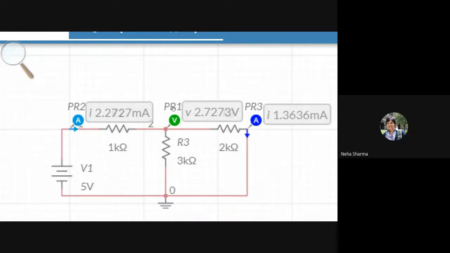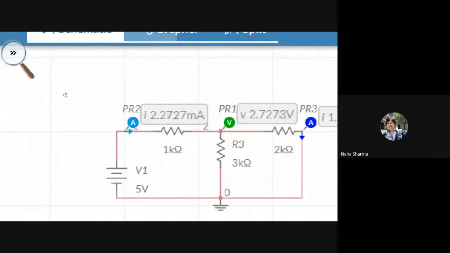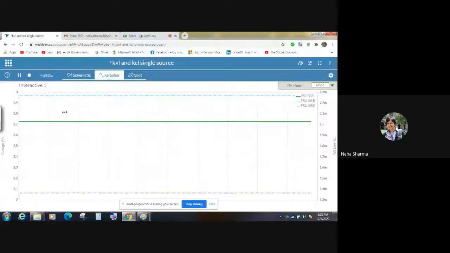These were the only results. If I want to check the other graphs, obviously the graph is going to be a straight line because it is DC. So I can go back to my schematic.